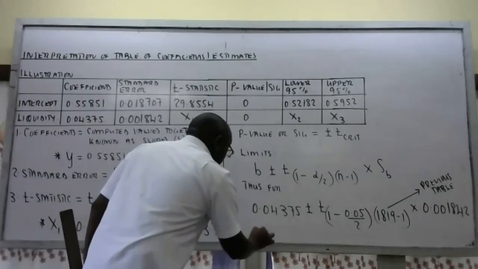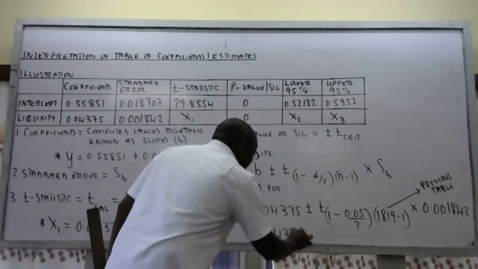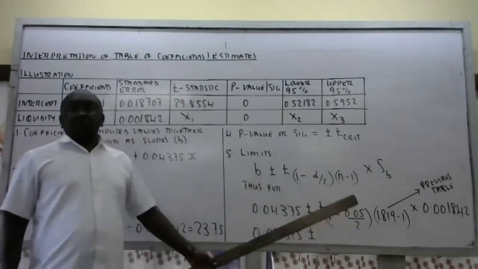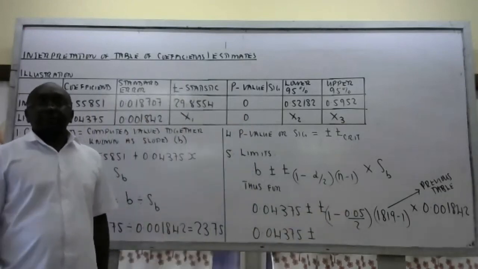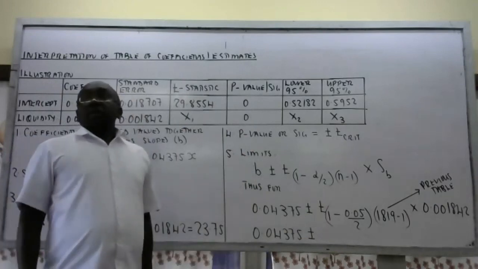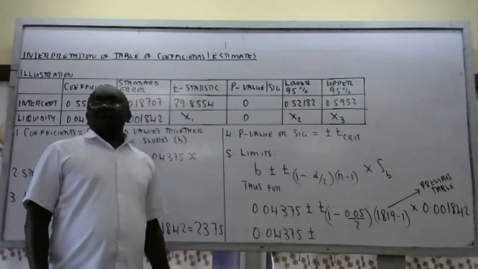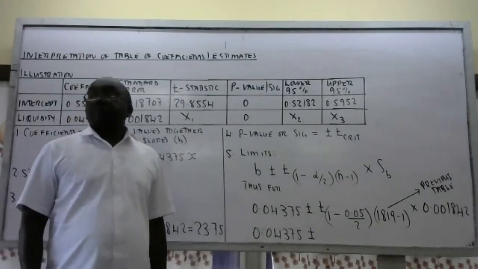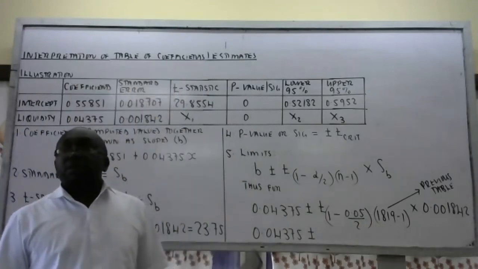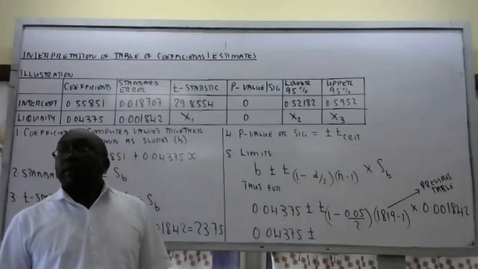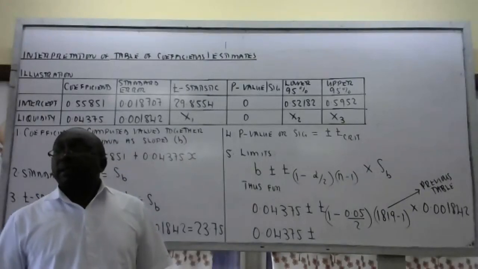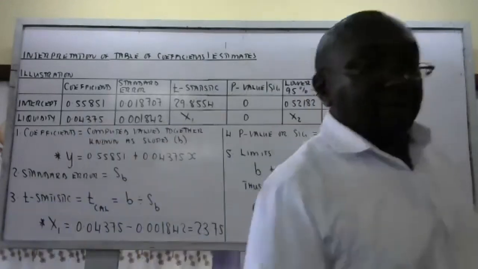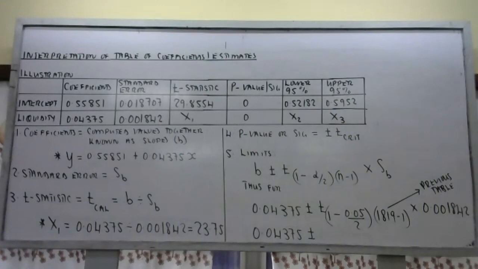So here it will be 0.04375 plus or minus. Let me read this from the table. Now you will read this at 1000? Is it so? Now this has passed. Is it 1000? The T tables. You should read the T tables. Oh, the highest one is 30.